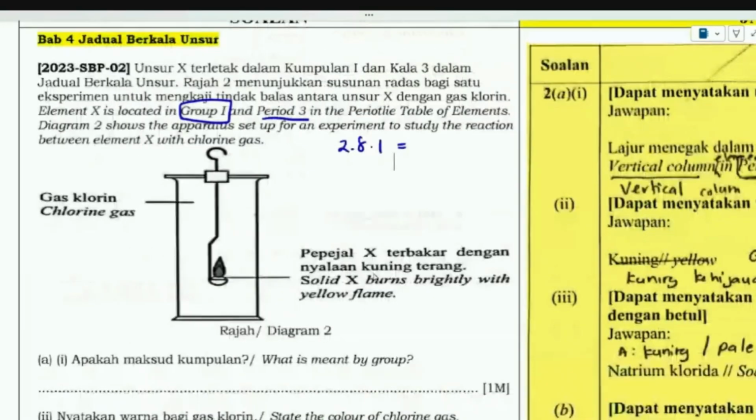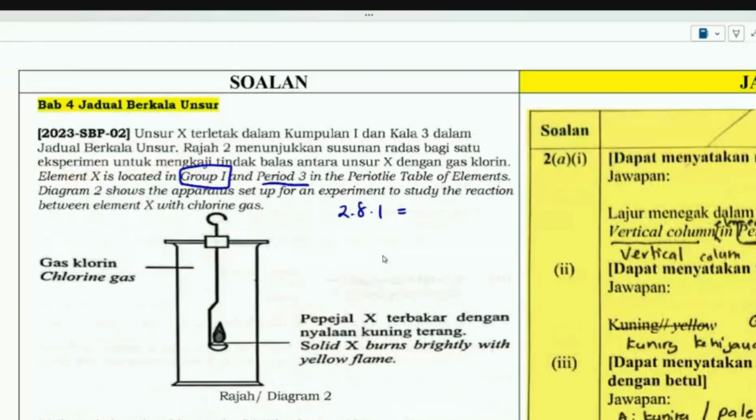Then the equation. First you have to know X. X is a metal, right? Alkali metal. So it reacts with chlorine. So you produce what? What are the products?